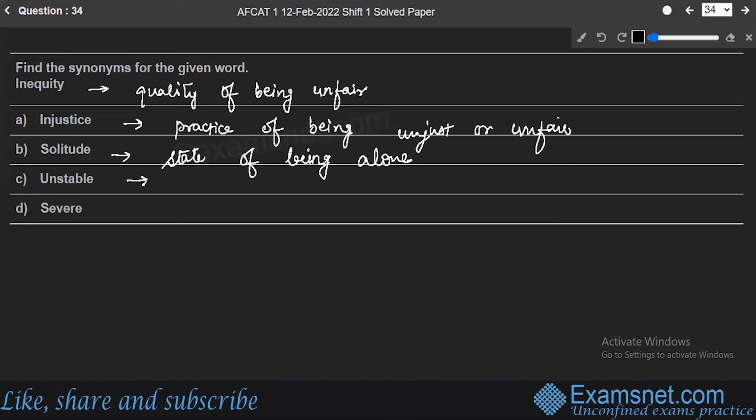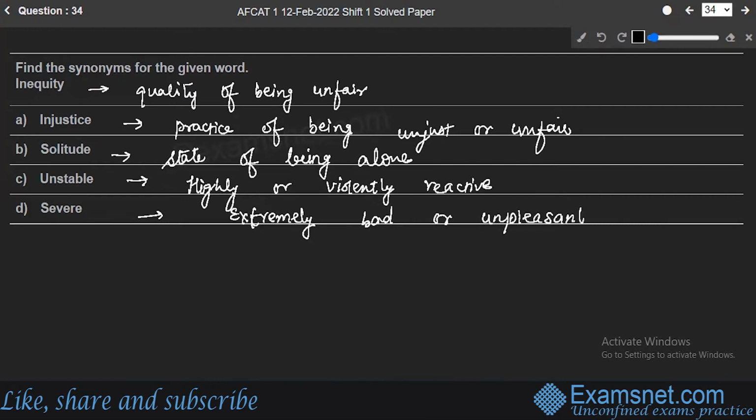Unstable means highly or violently reactive. Severe, extremely bad, or unpleasant. You have to find out the word synonym, which is for inequity, that is injustice only.